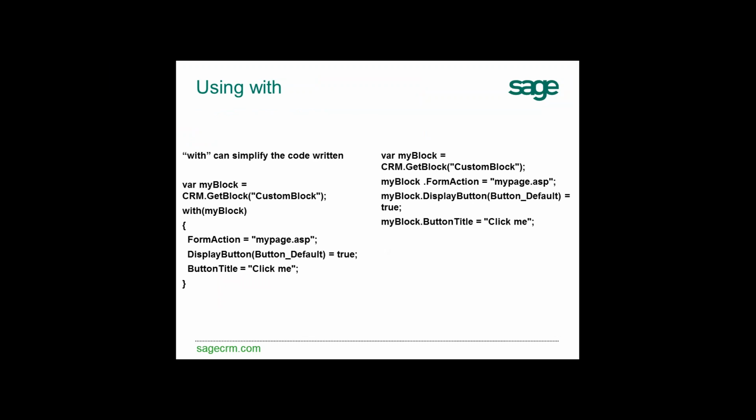You can see on the right hand side the equivalent of the with statement on the left. It keeps mentioning the word my block a little bit more because you're being explicit about that. It probably saves you a little bit more when you are working with a very large amount of properties within a particular object.